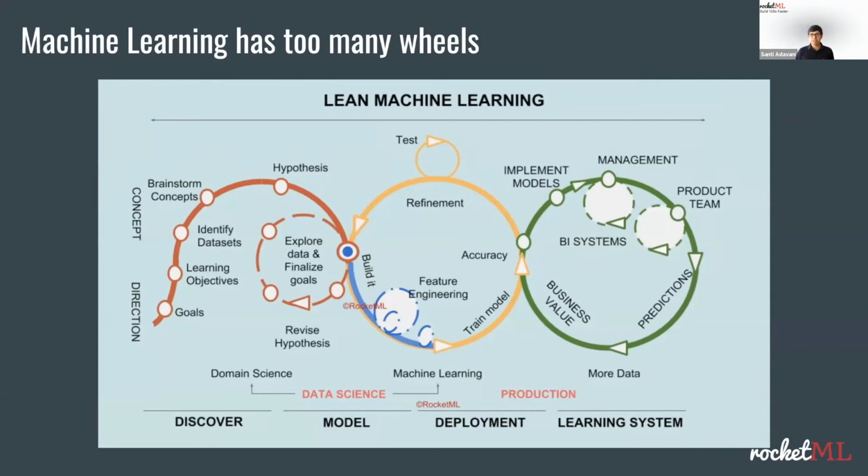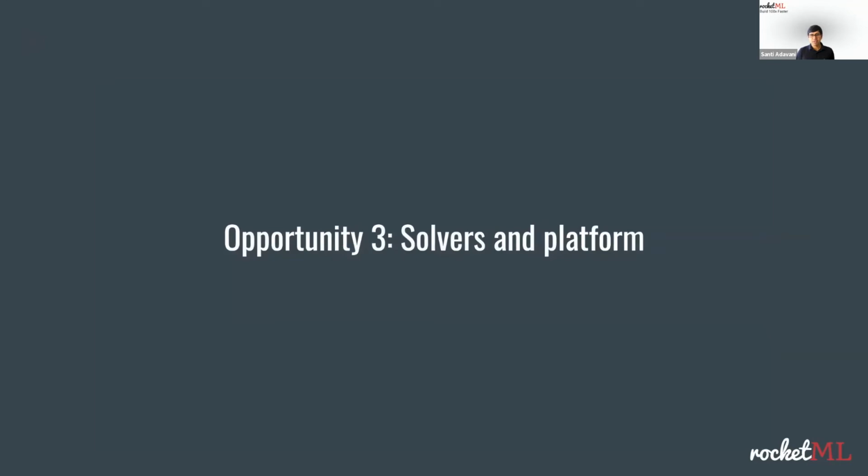Way too many pieces that have to go hand in hand, and one needs to iterate several times to reach a system that actually works. So there are a lot of operational aspects to it. The opportunity here is to come up with the right solvers and a platform that can help either service providers build the solutions, or give these things to industry so that they can build it themselves. There are several ways to think about it.